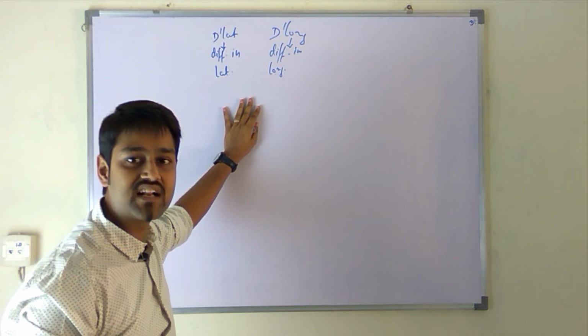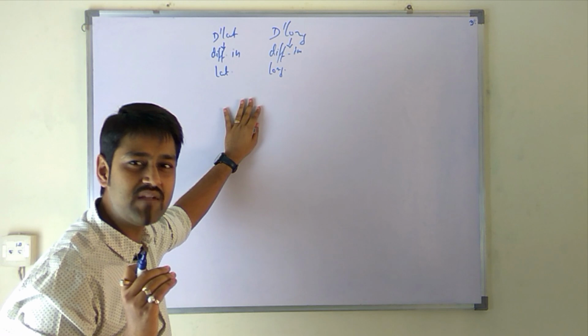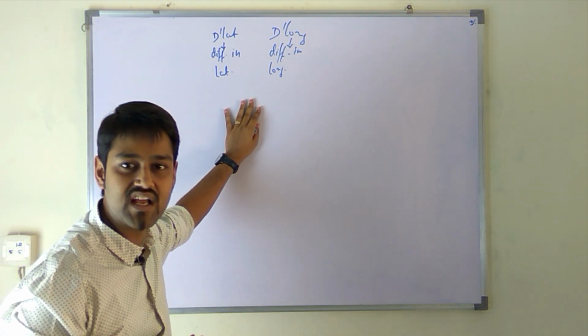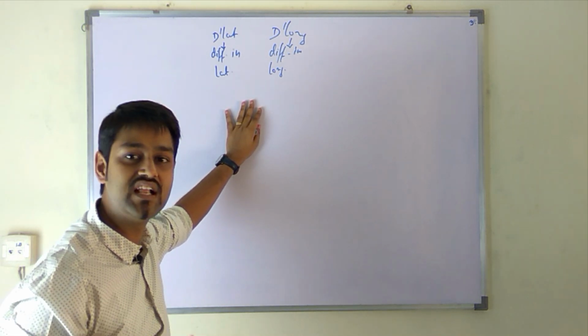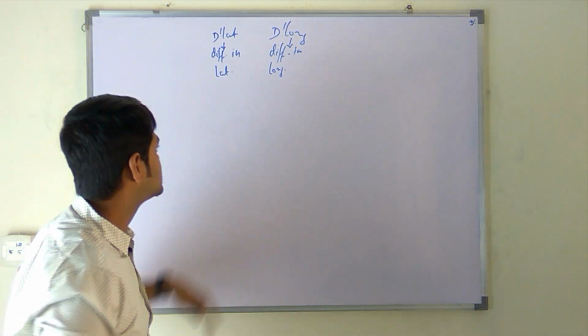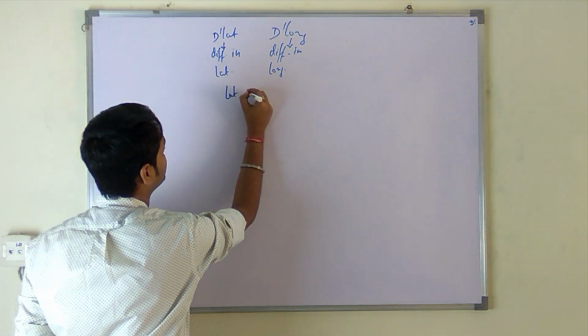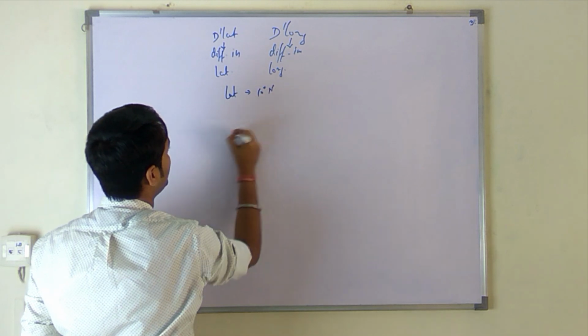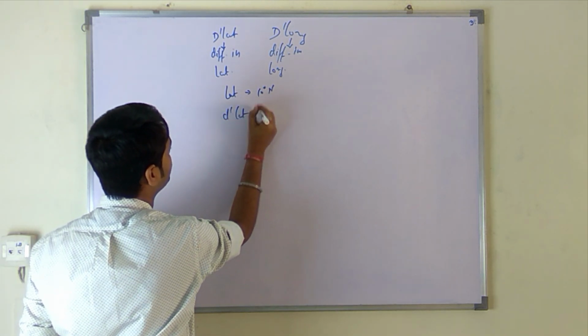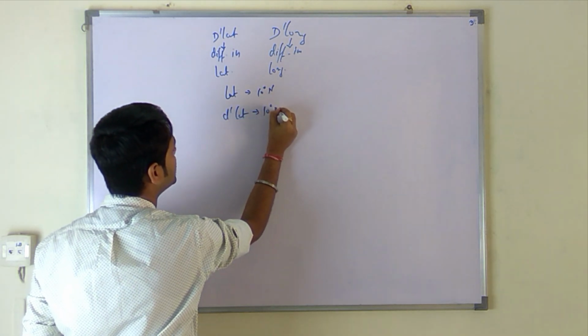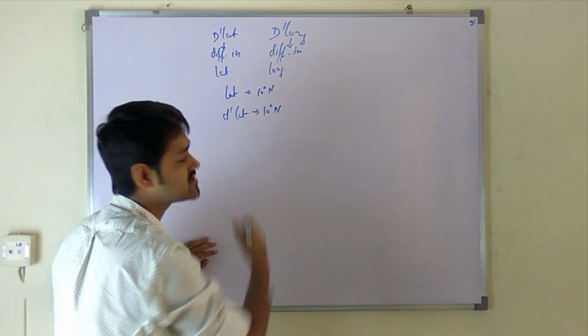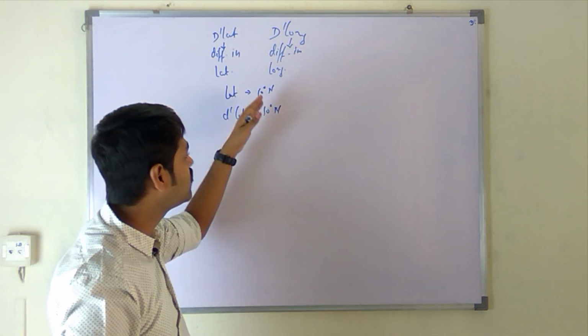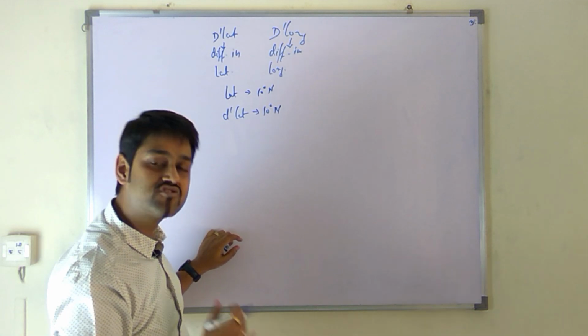Now when I say that, there is a very basic dissimilarity between latitude and DLAT, or longitude and DLONG. Suppose we write down latitude as 10 degrees north, and we also write down DLAT for the same value, say 10 degrees north. When you look at these two figures at first, they might look very similar, but actually they are different.